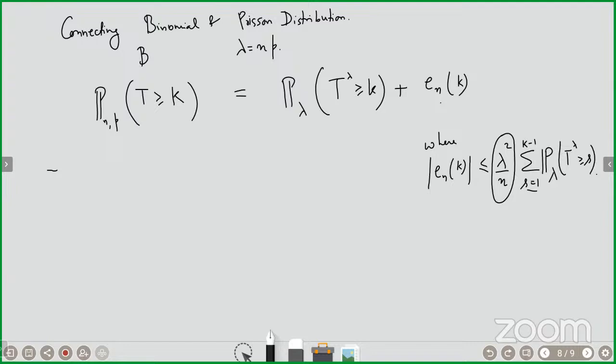Just in terms of T and T lambda. You can think of any two random variables, not even T. What is the probability that x greater than K minus the probability that y greater than K bounded by? That will give you everything.